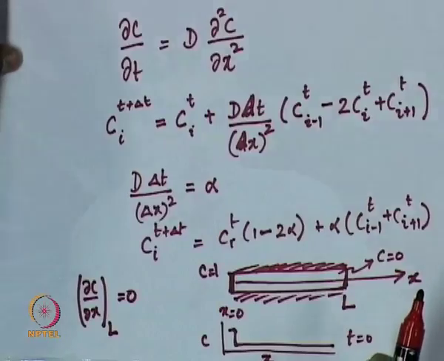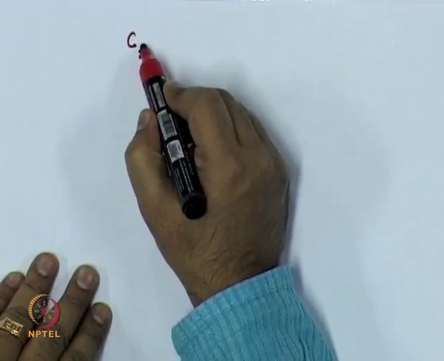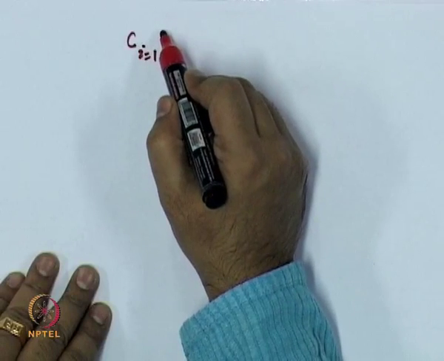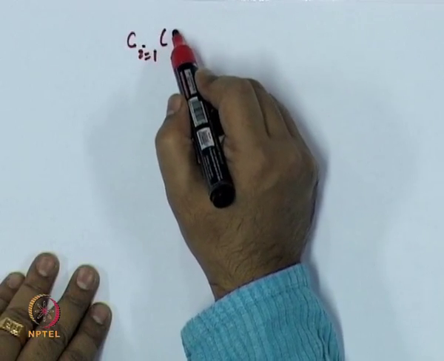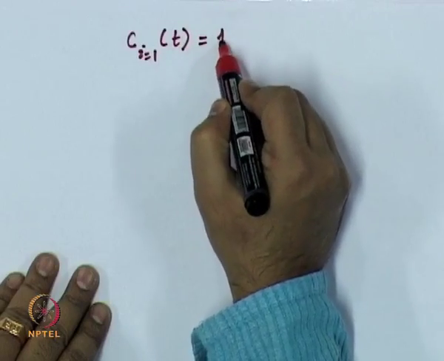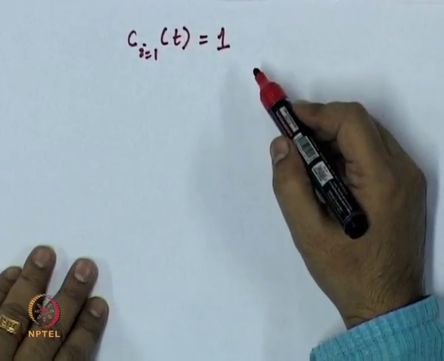So, let us take a closer look at the boundary condition. I have this boundary condition at the left end, where we have the first node point, the composition is always kept at 1, right. C where i equal to 1 is for all times equal to 1, right.